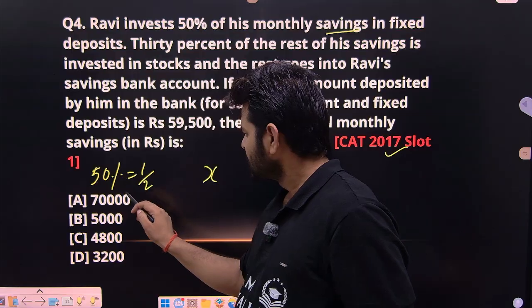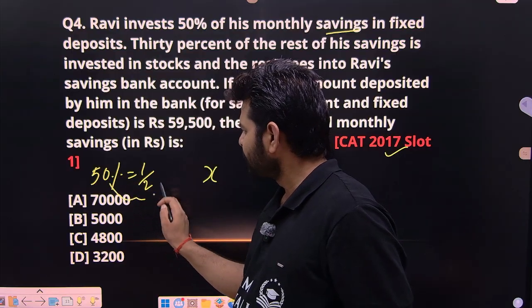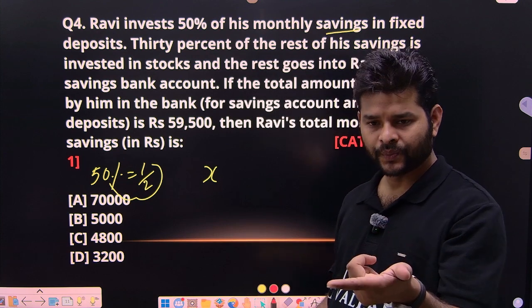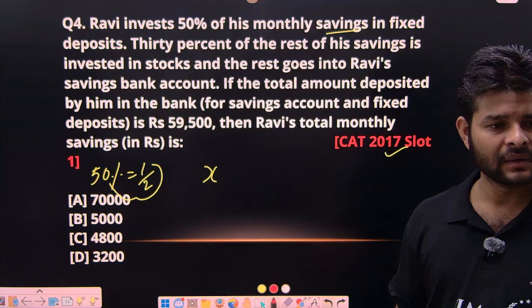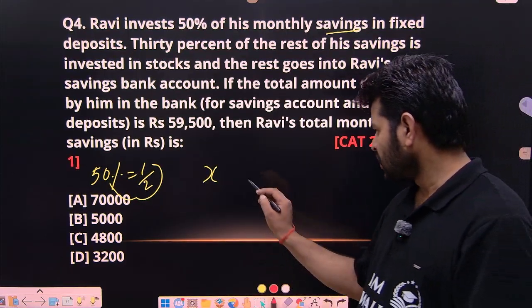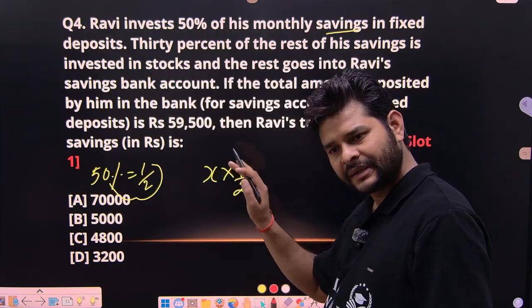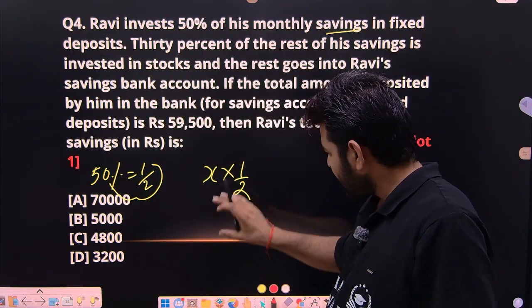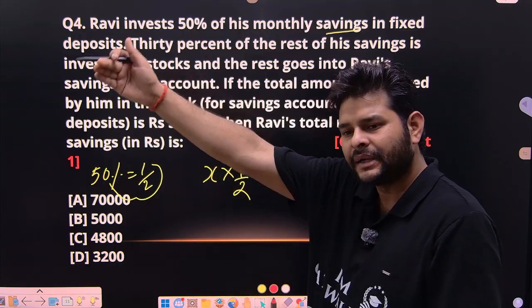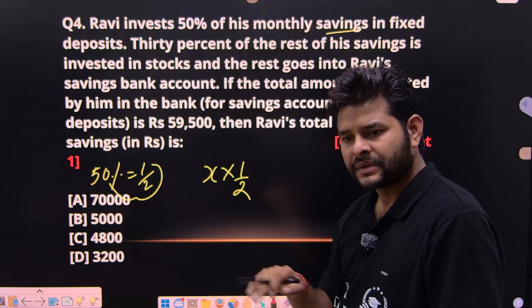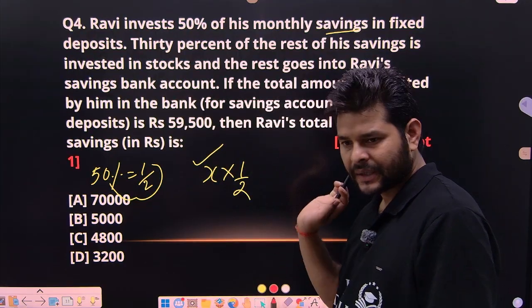So he is investing 1 out of 2. So what would be the remaining? 1 by 2. The actual monthly saving is X, and half of X is deposited in FD. So what would be the remaining? Just half.